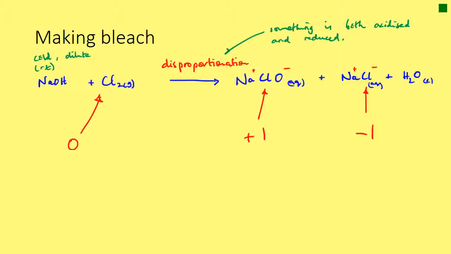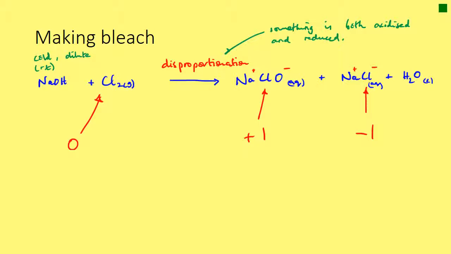Now this is moving on to the products here. What we have is a sodium ion and a chlorate ion. The sodium is 1+ and the chlorate is 1-. And so the chlorine here, let's work out the oxidation number of that. So the oxygen, we know that apart from in hydrogen peroxide and any compounds with fluorine, oxygen is going to be 2-, because oxygen is more electronegative than chlorine.